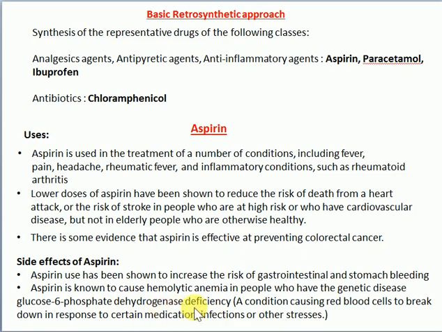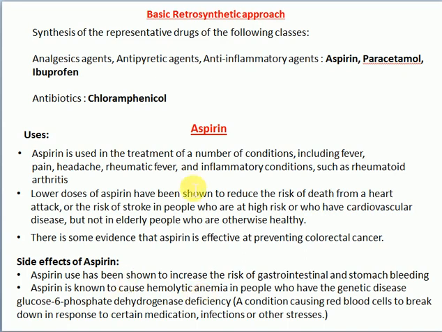This is a condition causing red blood cells to break down in response to certain medication, infections or other stresses. So those who have this disease should not take aspirin because then they will have hemolytic anemia.